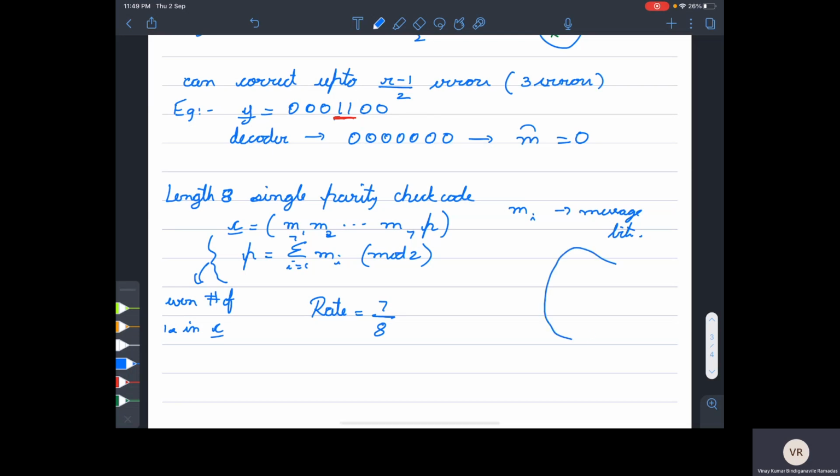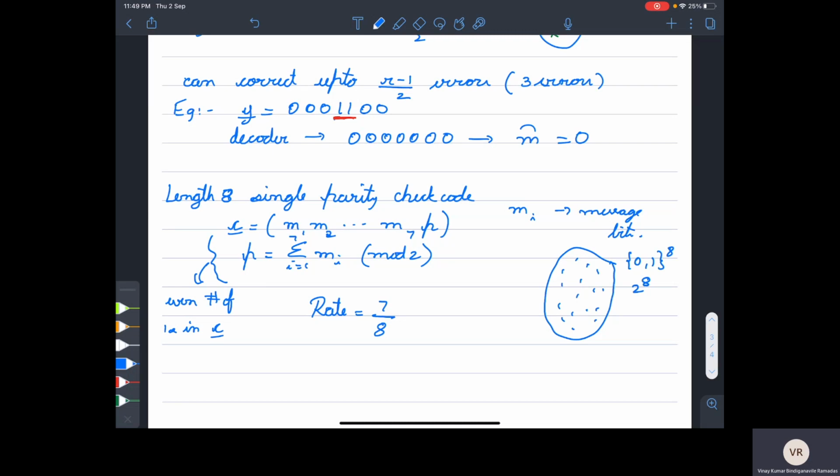Going back to our code book, what you have is totally {0,1}^8, which is 2 power 8 vectors.